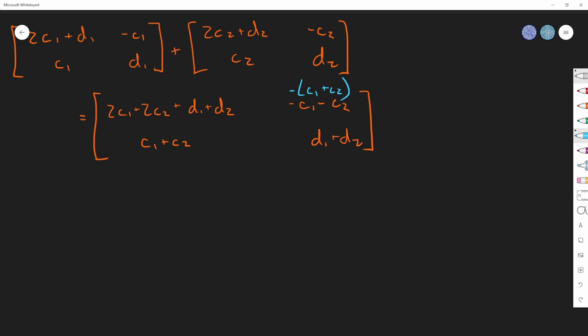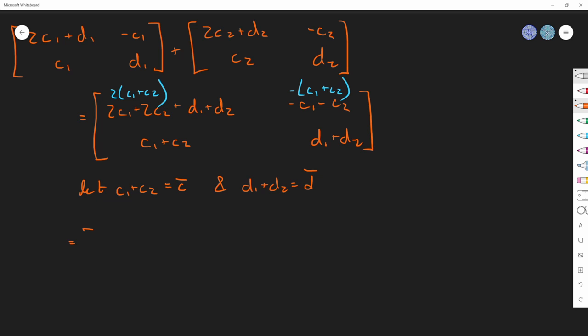And then here you can factor out a 2, C1 plus C2. And so now what we can do is substitute some of these variables. We're going to let C1 plus C2 equal C bar, and D1 plus D2 equal D bar.